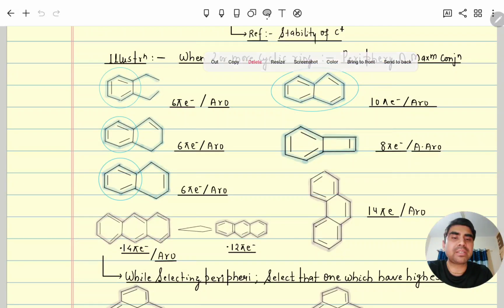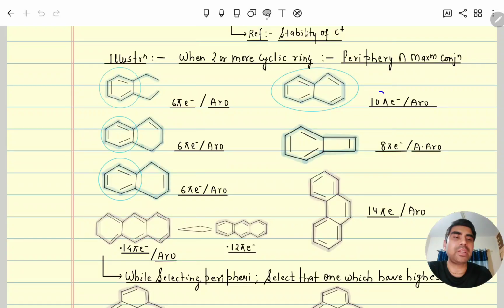Similarly here you can see the periphery, and in the periphery the maximum cyclic conjugation. So you can see this is the maximum cyclic conjugation: double, single, double, single, like that. So this is the periphery, and its maximum conjugation is also this one. If we omit this bond, overall this will be one bigger macrocycle, one cycle only.